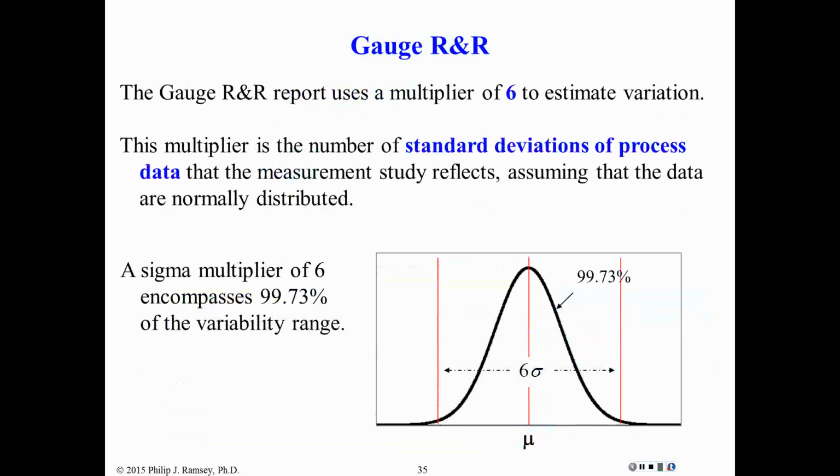And here's what I meant by that multiplier of 6. We assume the measurement error overall follows a normal distribution. In other words, its pattern of variation follows the normal.